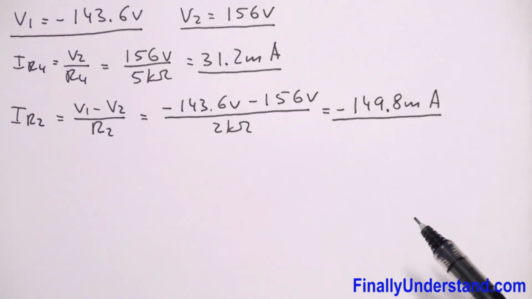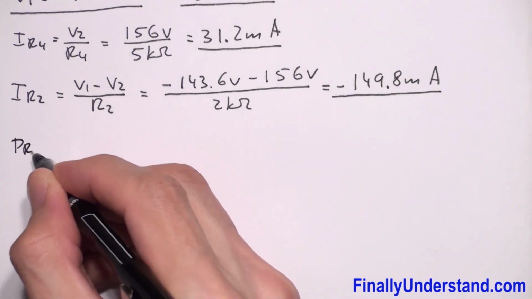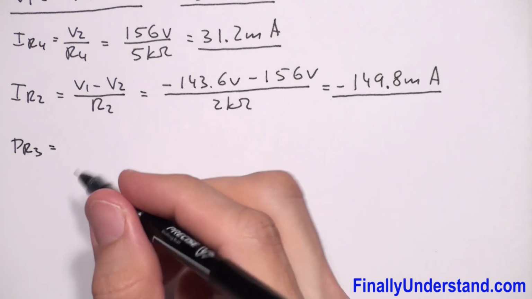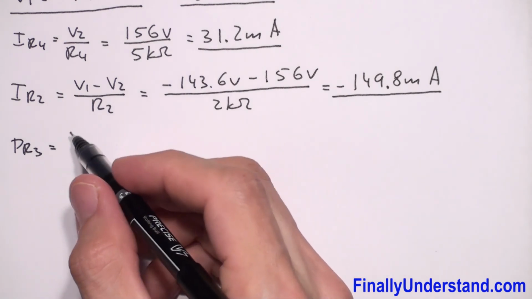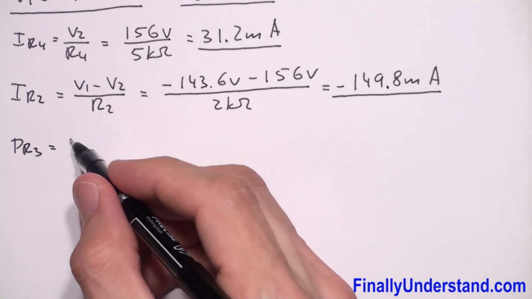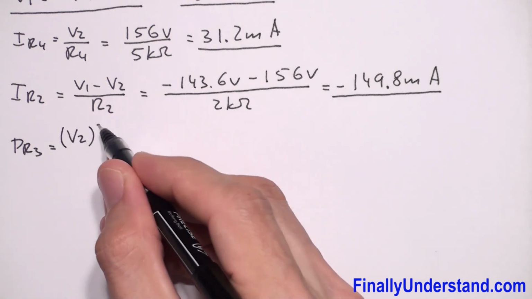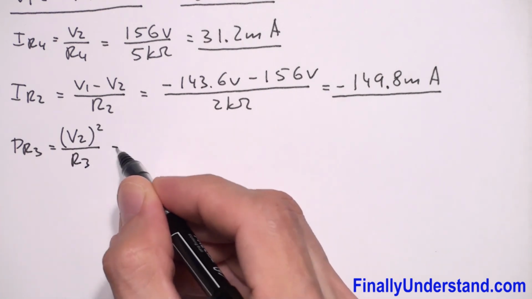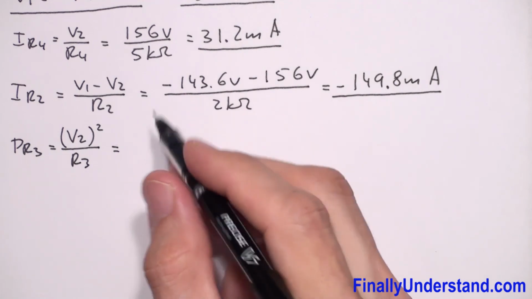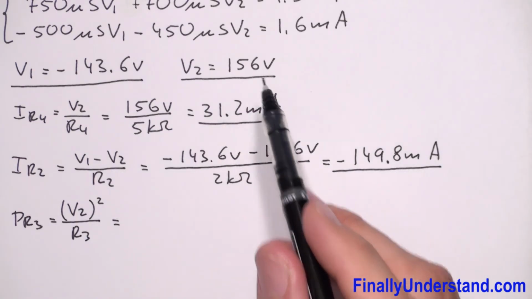So next we're supposed to find the power at resistor R3. PR3. Voltage across resistor R3 we said is equal to V2. So that's why I'm going to say that PR3 is equal to V2 to the second power over R3, where V2 is equal to, we found, 156 volts.